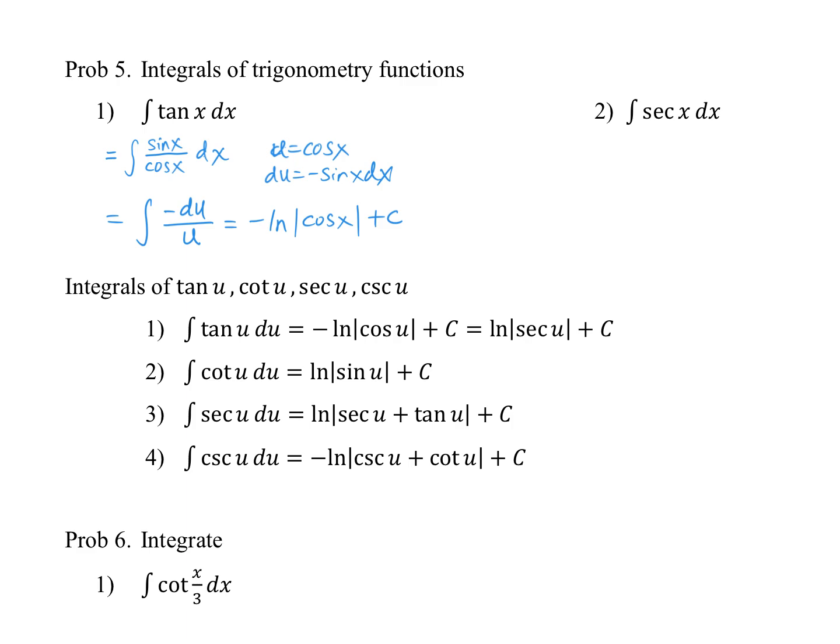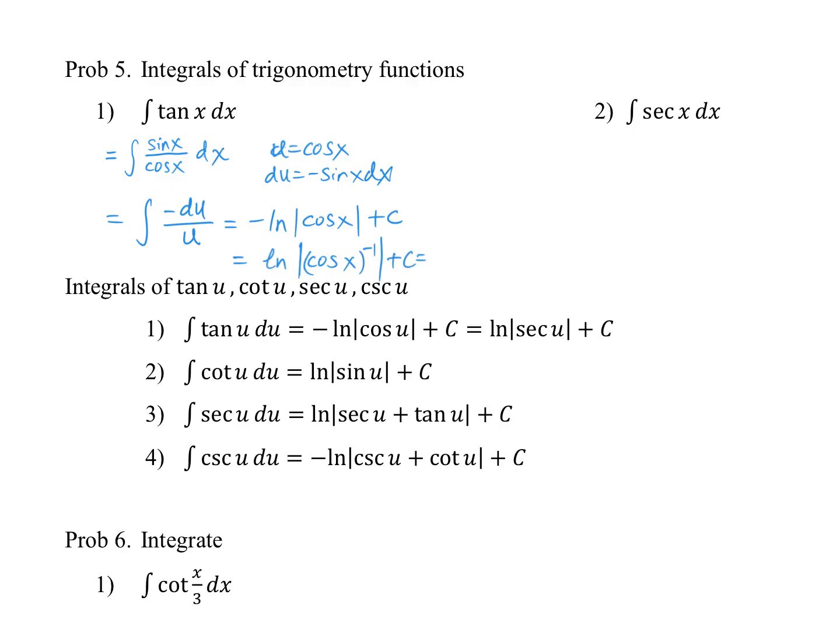So this is one answer. Now, we can actually move this negative 1 as an exponent of cosine x, right? So we can do that: ln of cosine x raised to the power negative 1.